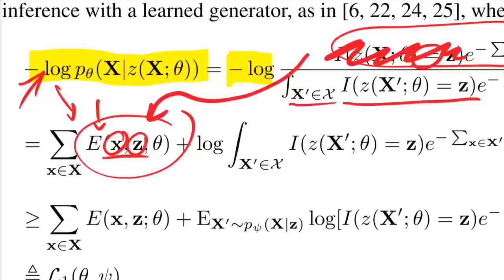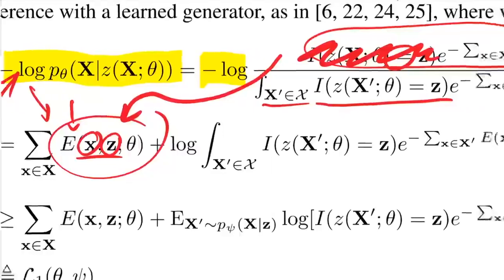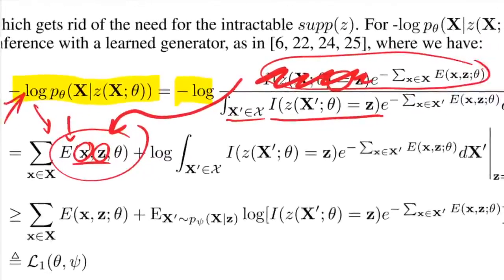Now, if it comes from the generator, of course, you want to do the exact opposite. You want to assign it a high value. Remember, energy low means happy with the input. Okay. And then the normalization down here is, as I said, the problem. So you'll see it stated right here because it's under the division.